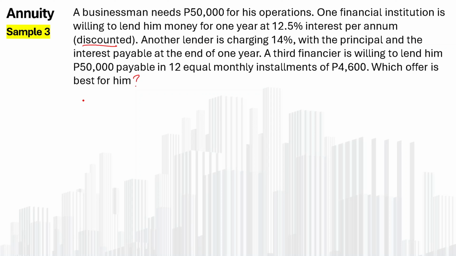Why? That will incur lower interest charges per payment period, whether monthly or yearly. Meaning the lower your interest rate when lending, the better. So the question is, which one is the lowest?